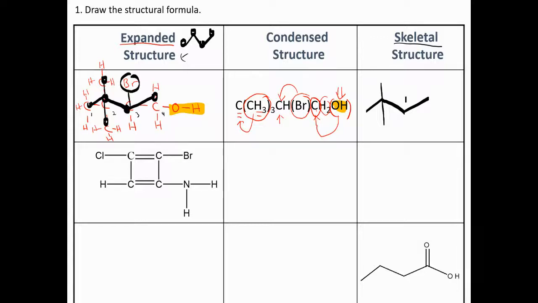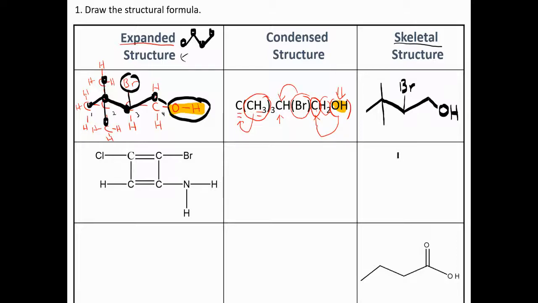Any other substituent? Br. So Br. Other substituent? OH. So OH here, we have to put a line. Put another line here, attached to oxygen. It's not attached to H, attached to oxygen. Draw a shorter line.